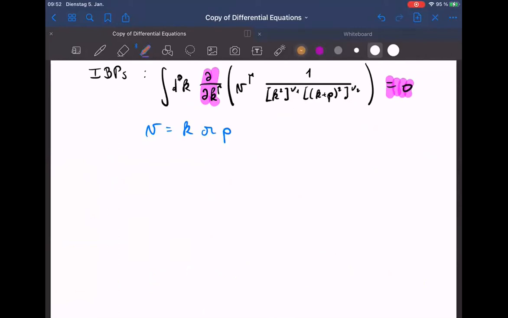Well, my integrand, which are my two propagators raised to the powers u1 and u2. But I also include some other vector, because d/dk^mu is a vector, but I want a Lorentz scalar. So what other vector could I choose? Well, I only have two choices. It's k or p, because those are the only vectors that I have in my game. If I want this thing to close, it can only be k or p.